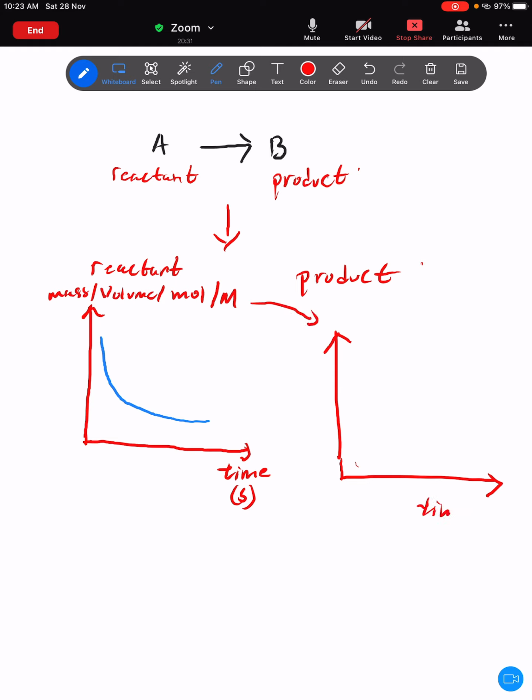The time will be over here, in seconds. And during an experiment, product will be formed. When the product is formed, you must remember the amount of the product will increase. Therefore, the graph will go upward.